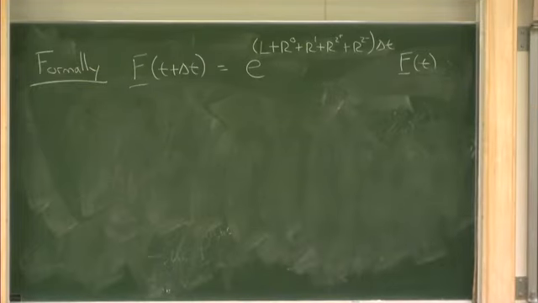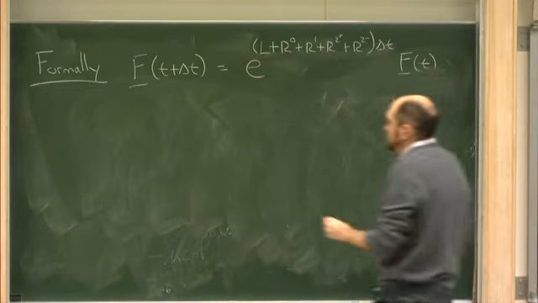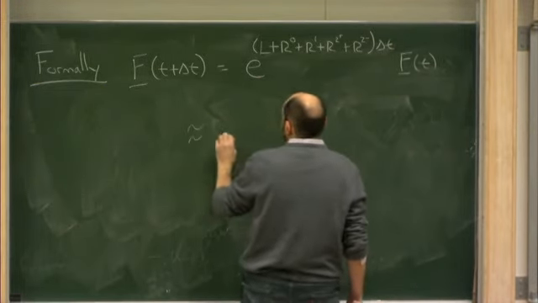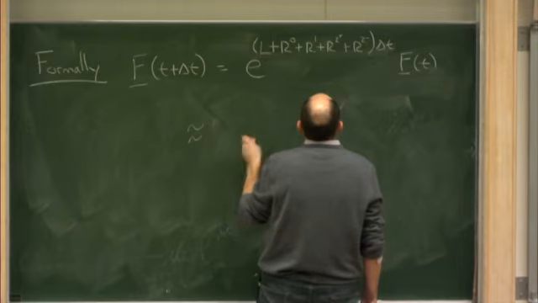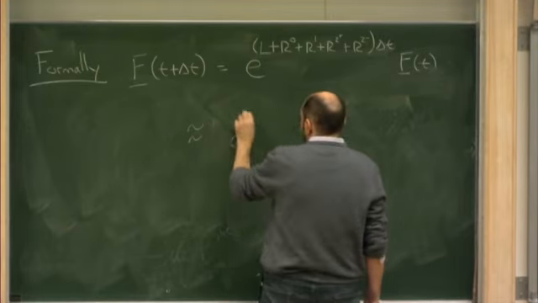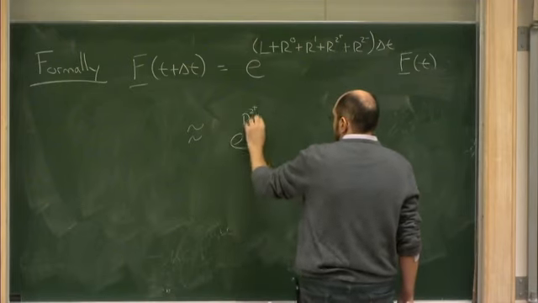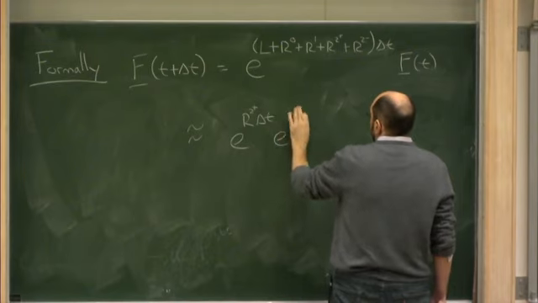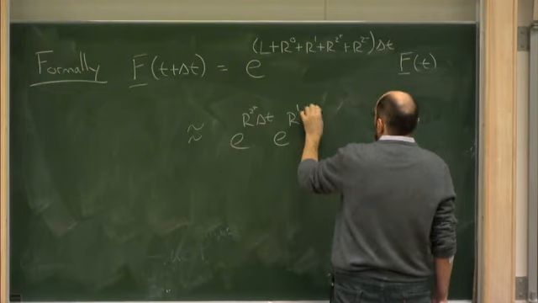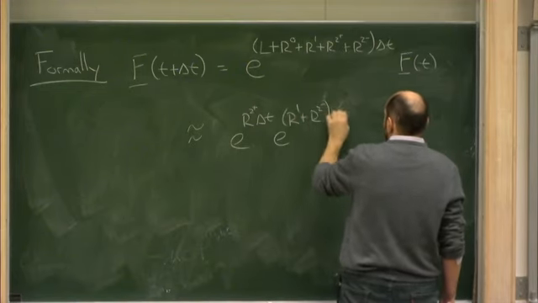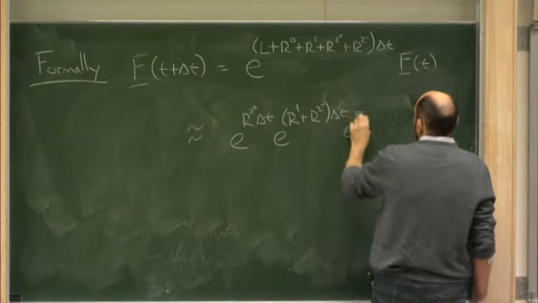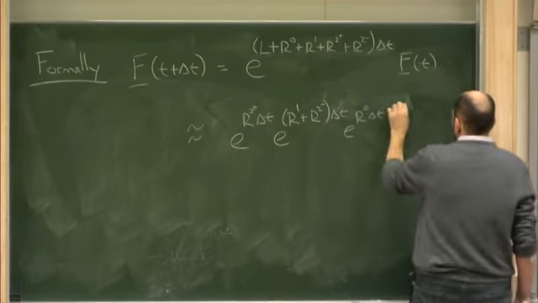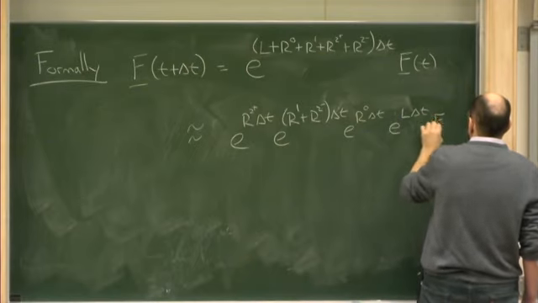And now you do the simplest approximation. We approximate e to the sum of the operators by the product of e to each of the operators. So we just say, okay, this is approximately, and let me write it in the order that I think Smoluchowski does it, and Steven can then tell me how I'm wrong about this: e to the R1 plus R2 minus delta t, e to the R0 delta t, e to the L delta t, f of t.